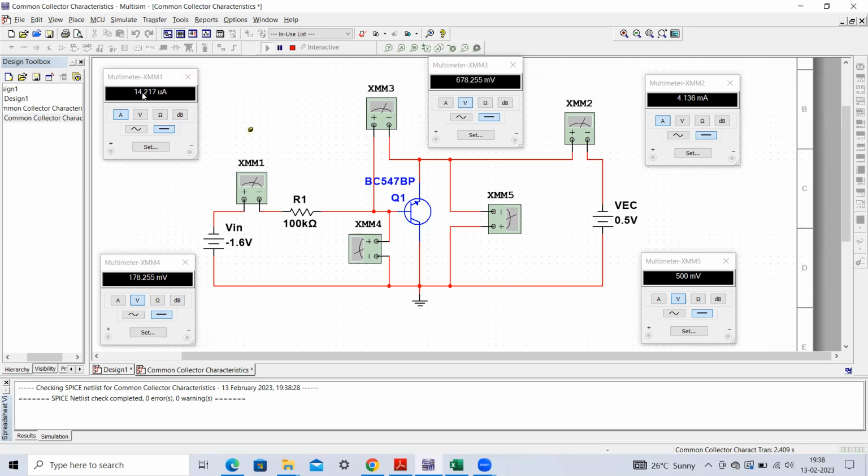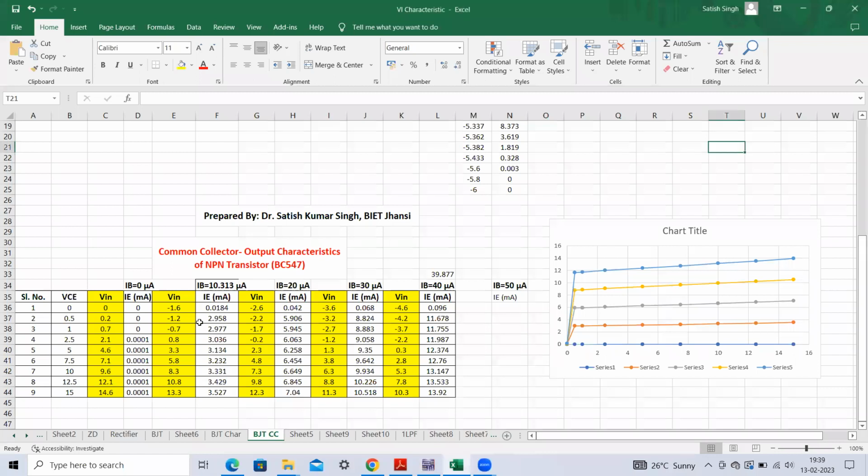So again we have to bring this base current back to its initial value, 10.213 or whatever it was. To bring back that value, we have to change this V input, so that this current is constant and the graph is obtained for a constant base current. I have already written this value. If you make it minus 1.2 volt, this current will come back to around 10 microamperes.